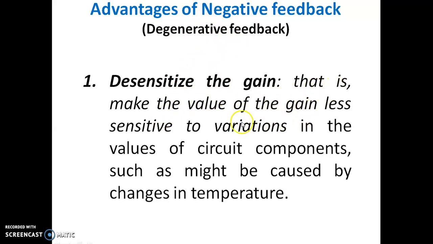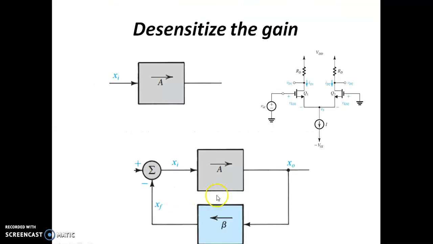So what it says is, make the value of the gain less sensitive to variations in the values of the circuit components, such as might have been caused due to the changes in temperature. So as we discussed here, if RD changes, this A is changing very rapidly, so the amplifier gain is very sensitive to this.